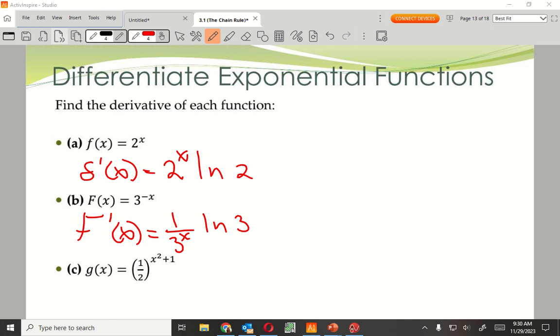So, I'm checking my notes to make sure that they did write it that same way, because I don't like having the negative exponents.